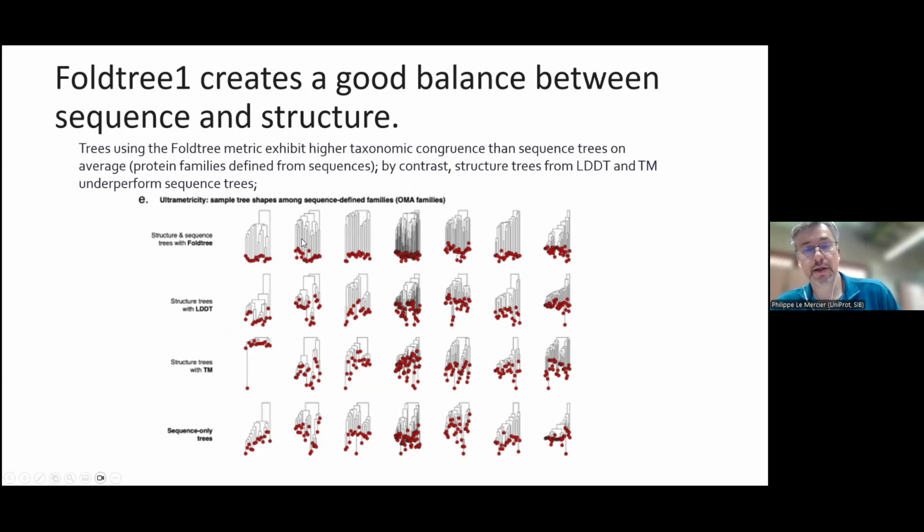So it's something that is still in development, because I know FoldTree 2 is already in development. Maybe FoldTree 3 next year, I don't know. The field is moving a lot. But we know already that it's possible to make trees with both sequence and structure, and to have much deeper trees with higher quality. So that's really good news.